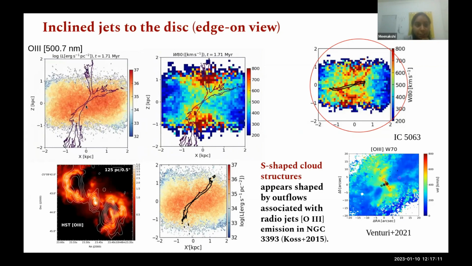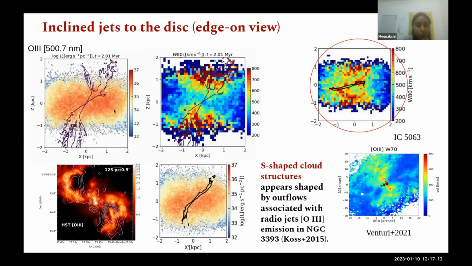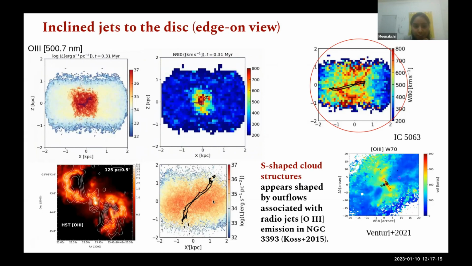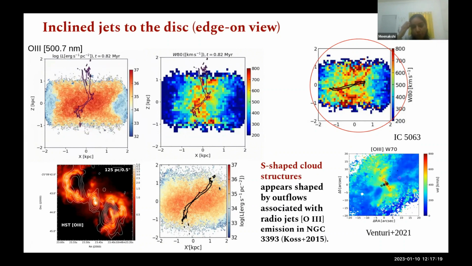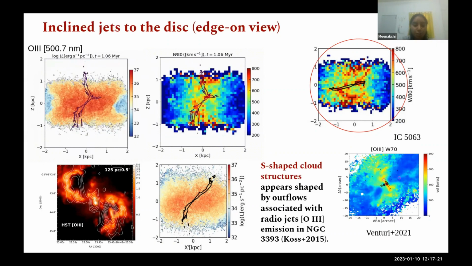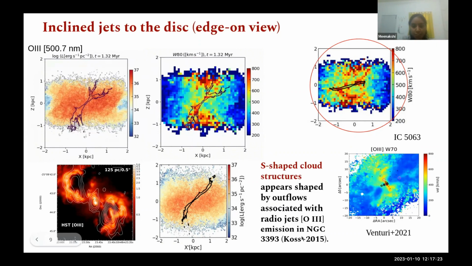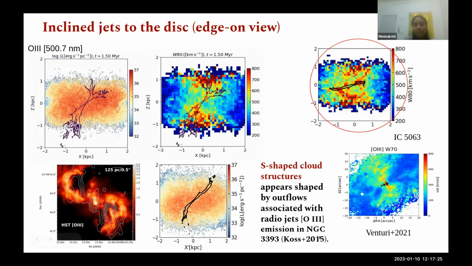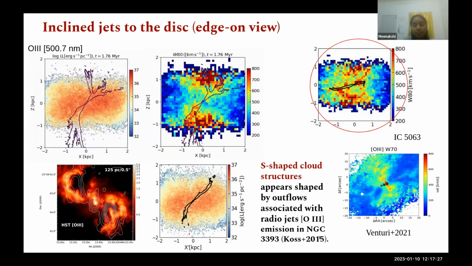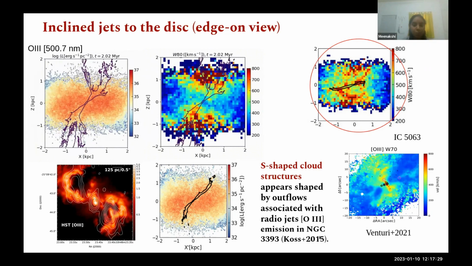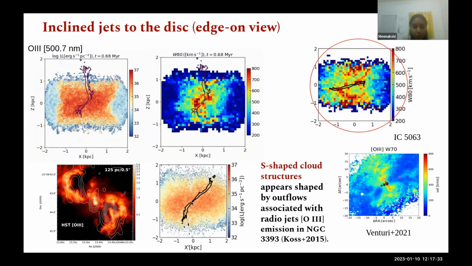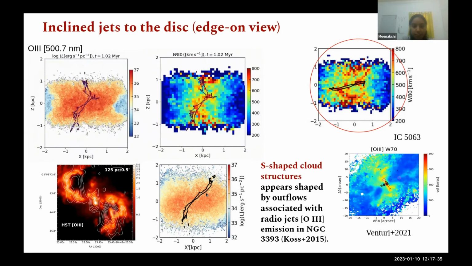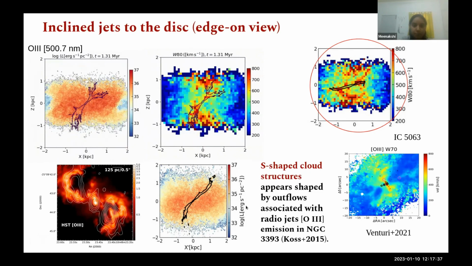And at later stages, we notice this S-shaped distortion morphology, which I show more clearly here. It is shown at the late times of the simulation, and such distortions have been observed in systems like NGC 3393. It is believed that such distortions can be due to the outflows associated with the jets, which can compress and shock the regions between these leading edges of the jet.